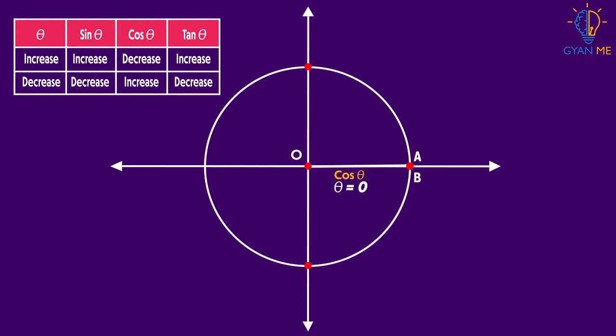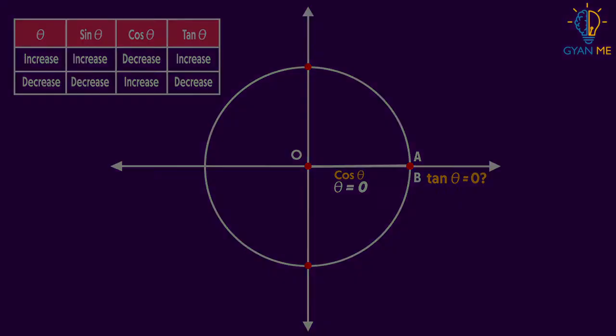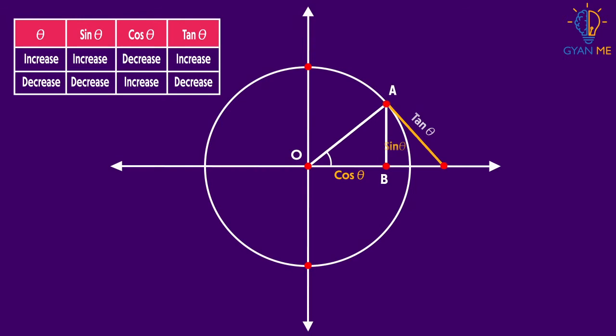So we don't find tan theta here. But, well, is it true? Not really. What we can say is the length decreases. What happens to the absolute values of this ratio, we are still to find out. So let's note it down like this. When theta reduces, sine and tan also reduce, but cos increases.